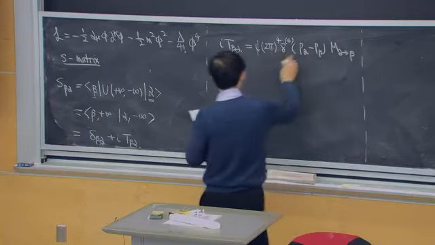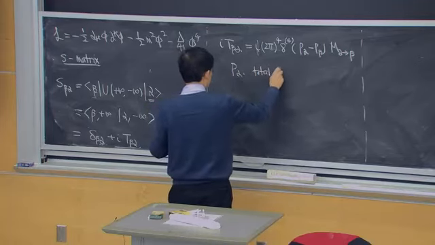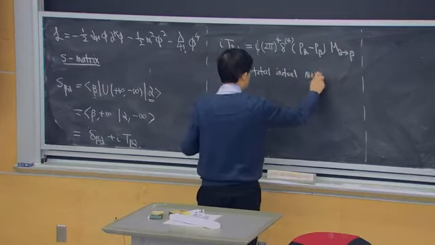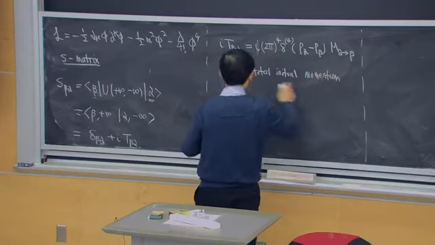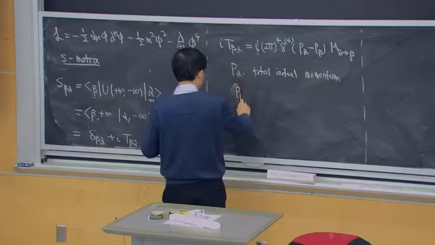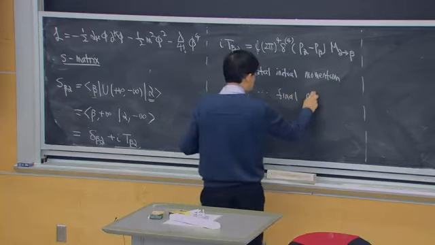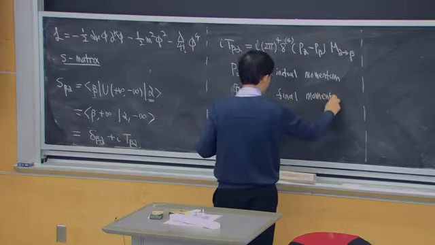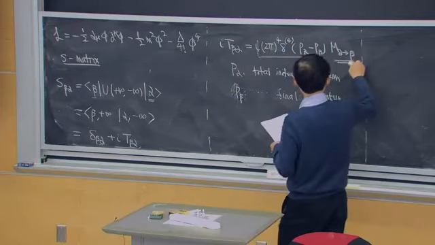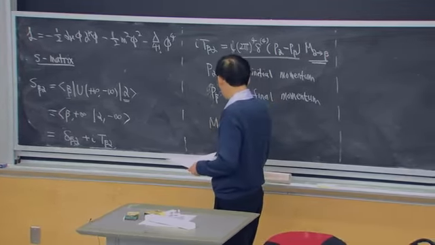P alpha is the total initial momentum, here is the full momentum, I suppress the indices, and P beta is the total final momentum. So this part is purely kinematic. The M alpha beta is the physical part, which is normally called the scattering amplitude.